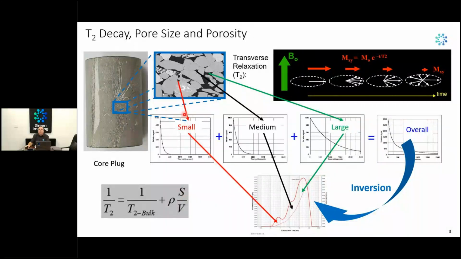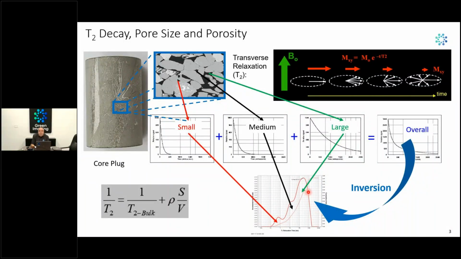This means that the transverse decay of small pores will have short T2 relaxation times, whereas large pores will have long T2 relaxation times. What we typically do is, when you measure all the relaxations at once, we invert it from the time domain to the T2 domain, and now you have a pore size distribution.